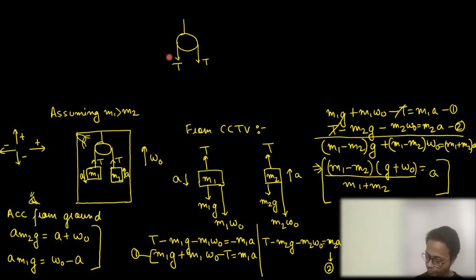And is the pulley moving anywhere with respect to this frame? No. So the pulley has an acceleration of 0. If I apply common sense, let the upward force be x. I can simply say that x is equal to 2T. If I draw the free body diagram of the pulley, there is T downward on each side.